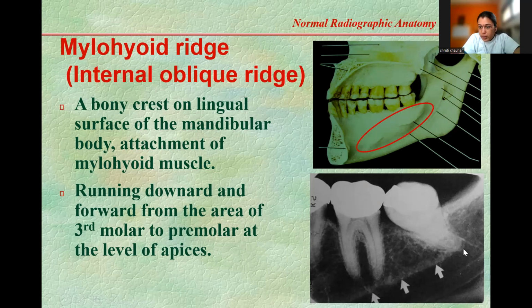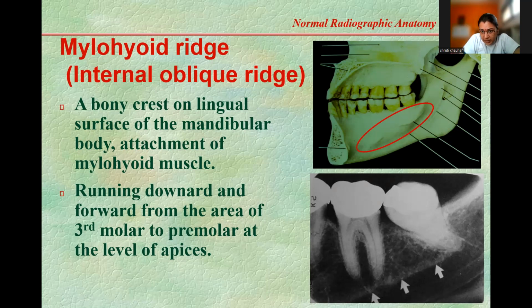Okay, now that we've talked about all of them, let's just look at over here. In this one particular radiograph, what all landmarks can you see? See, you can see nutrient canals, right? Then you can see this is your mylohyoid ridge, the oblique line. And look at this, you can see a mandibular canal over here. Can you see? And it is surrounded by a corticated boundary, that is your radiopacity.